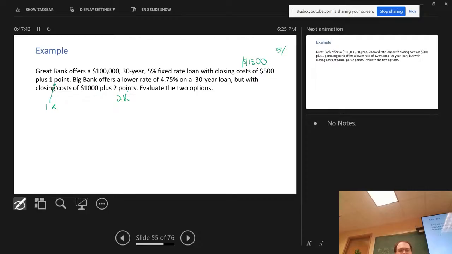Yep, the 1,000 plus the 2,000 there. So big bank, you can pay $3,000 up front. Or, I should say, at 4.75% interest or 1/4% less.